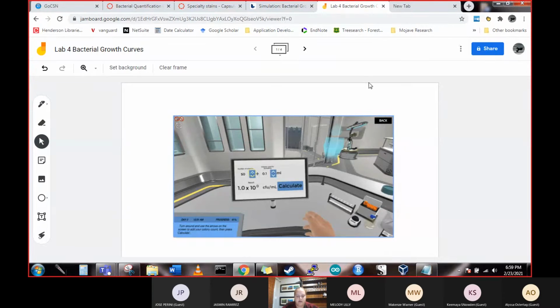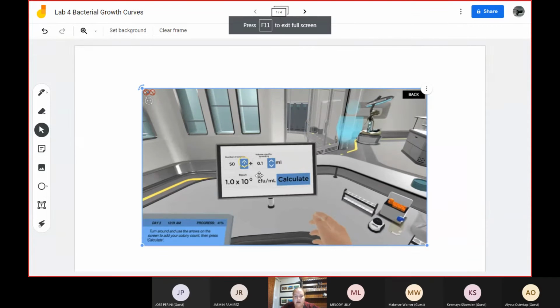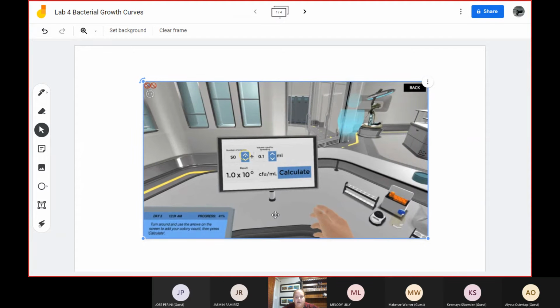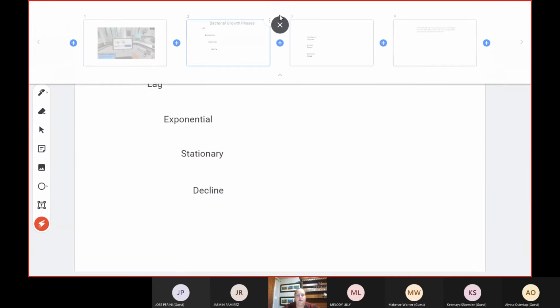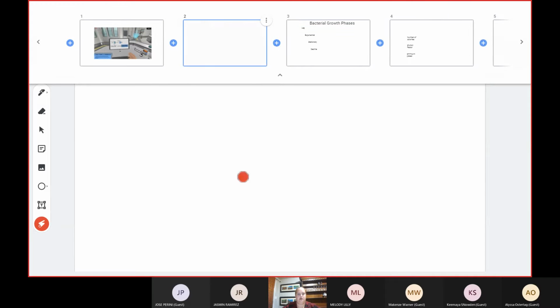You're going to have a little computer to do these calculations, and you're going to have the number of colonies on your plate, and you're going to divide that by the volume that you're adding to the plate. So I'm going to add a new screen in here.